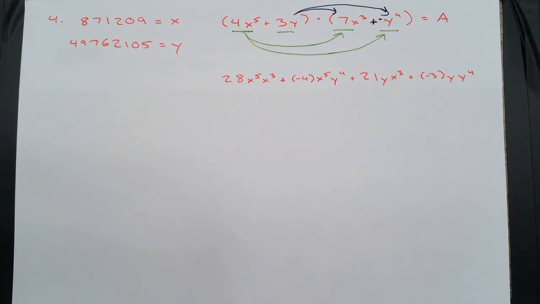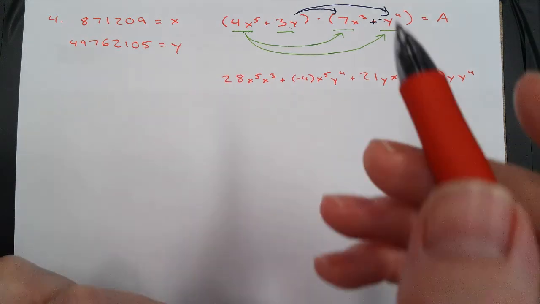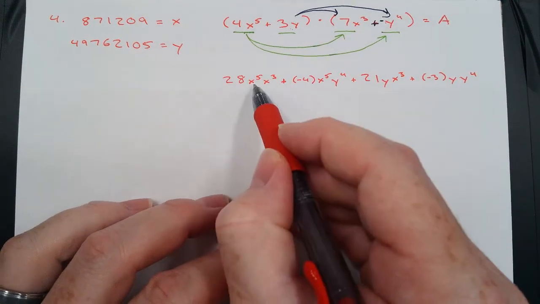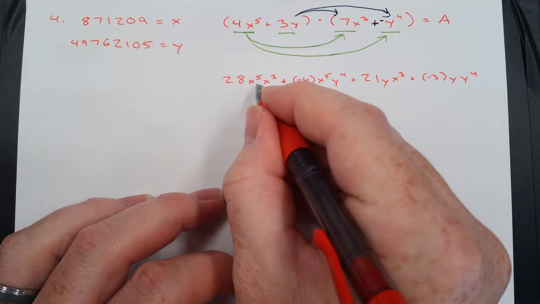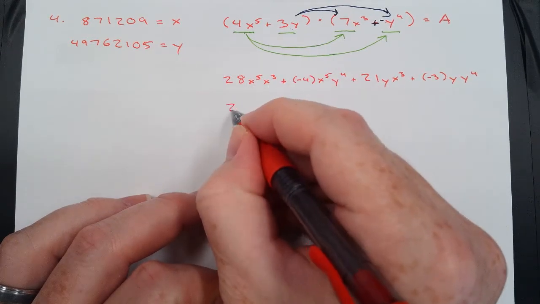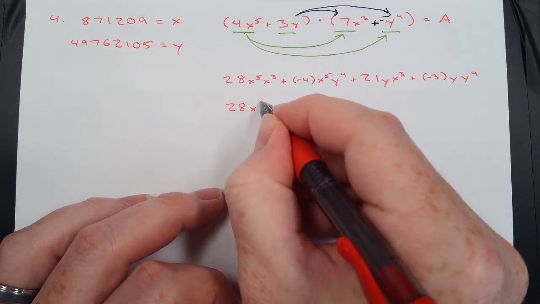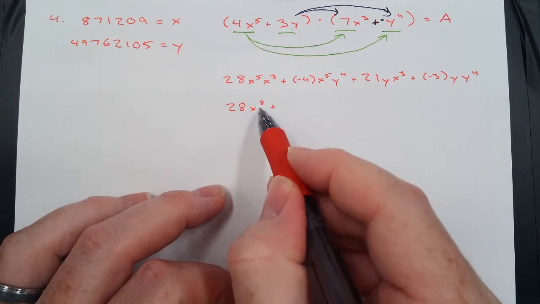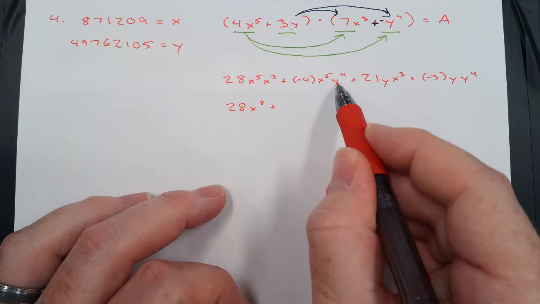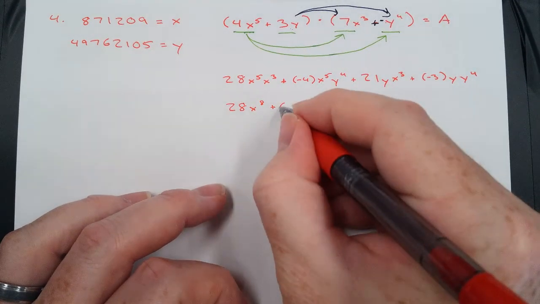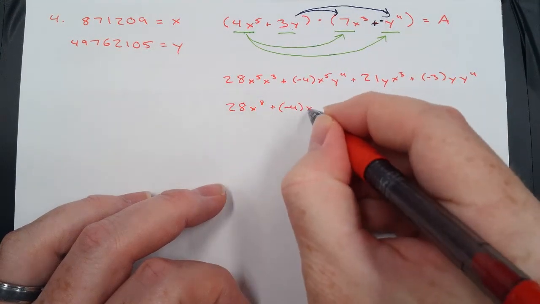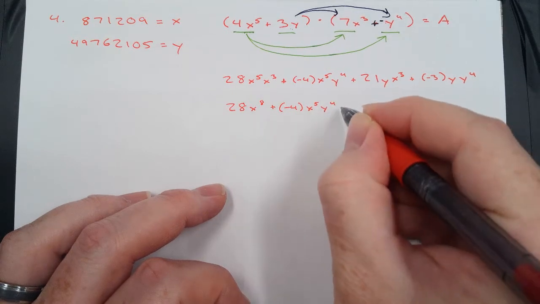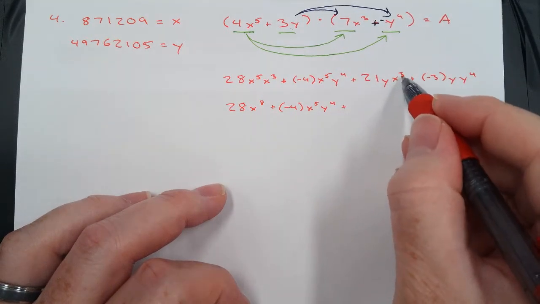Now this can be simplified even more because these pieces go together. The x's are multiplied together, so you know you can just add those. X to the 5th, x to the 3rd is x to the 8th. X and y, different bases, so nothing changes for the second piece. Y and x, different bases.